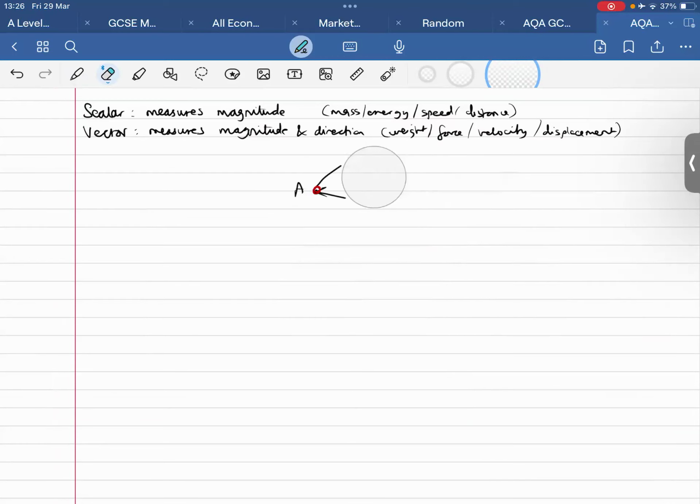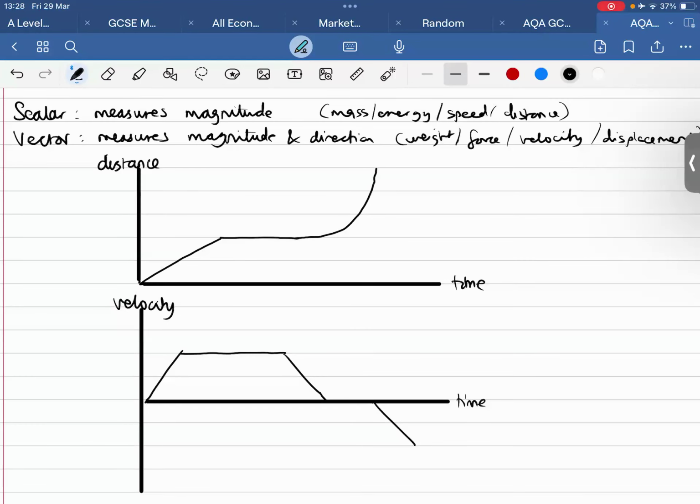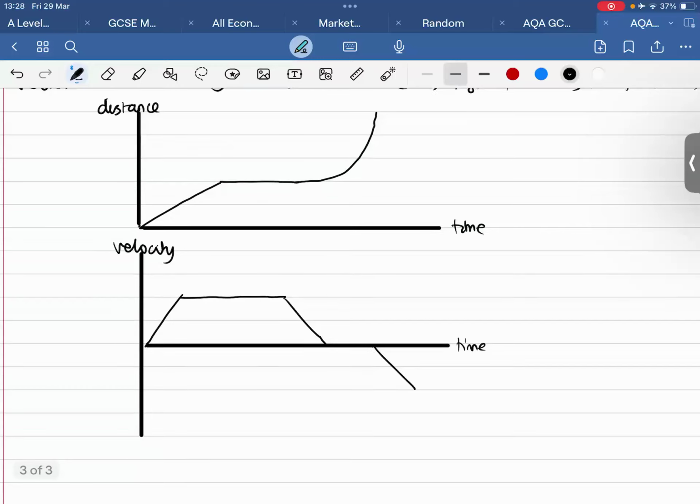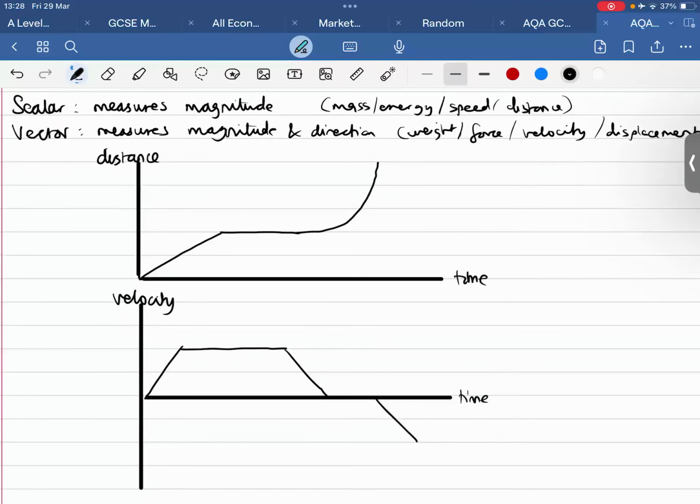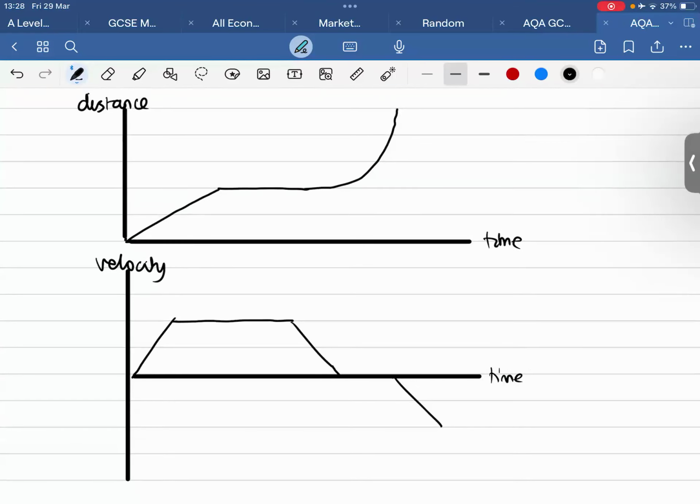So now that we understand the difference between scalar and vector, let's look at some graphs. If we have a distance time or a velocity time graph, the interpretations are different. So the first part of the distance time graph, what would that be showing? One is a steady increase in distance traveled. How would you interpret that in terms of somebody's movement or a car's movement?